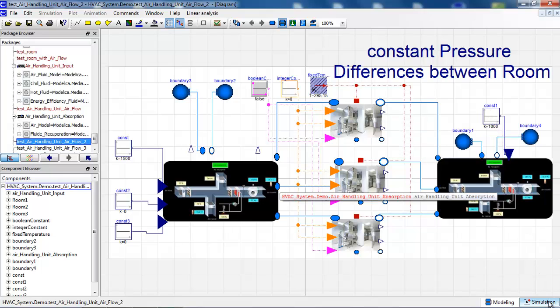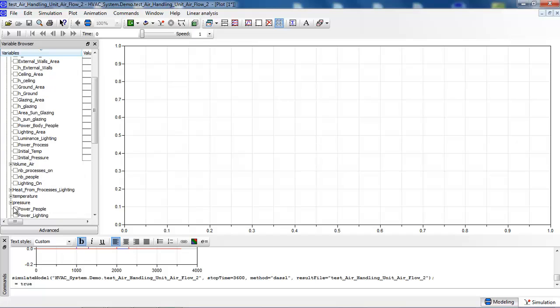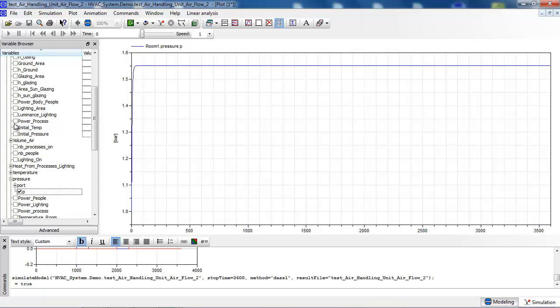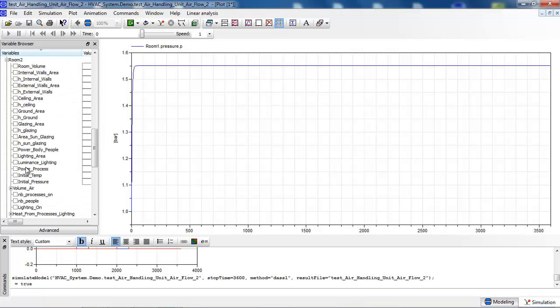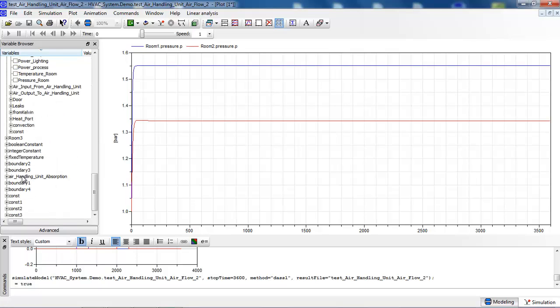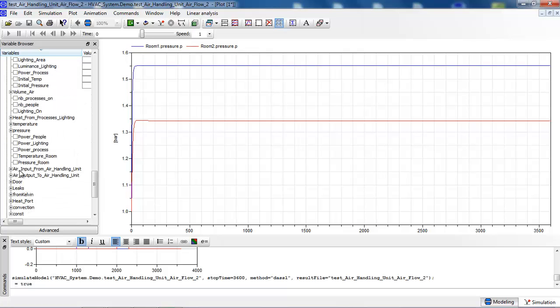So let's compute this model. We want to see the different pressure in the rooms now. This one is the pressure in room number 1. This one is the pressure in room number 2, and this one is the pressure in room number 3.